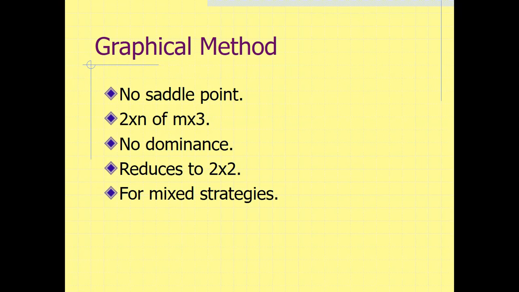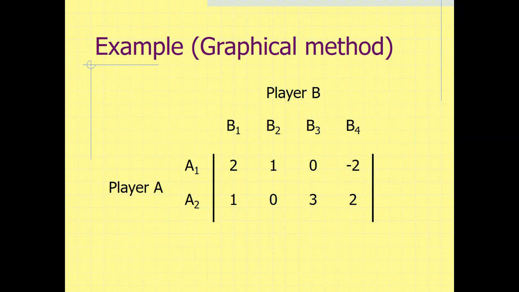Now let us consider a game of order 2 by n by the graphical method whose payoff matrix is given by this. Since in the given matrix there is no one value which is smallest in each row and largest in each column, the game does not possess a saddle point.